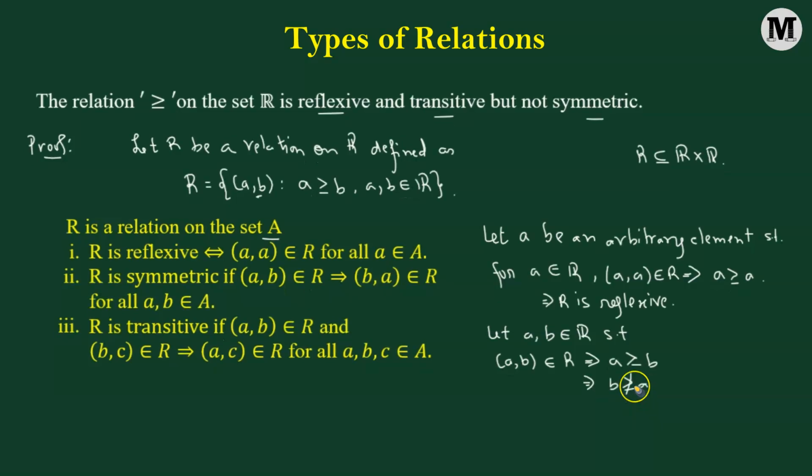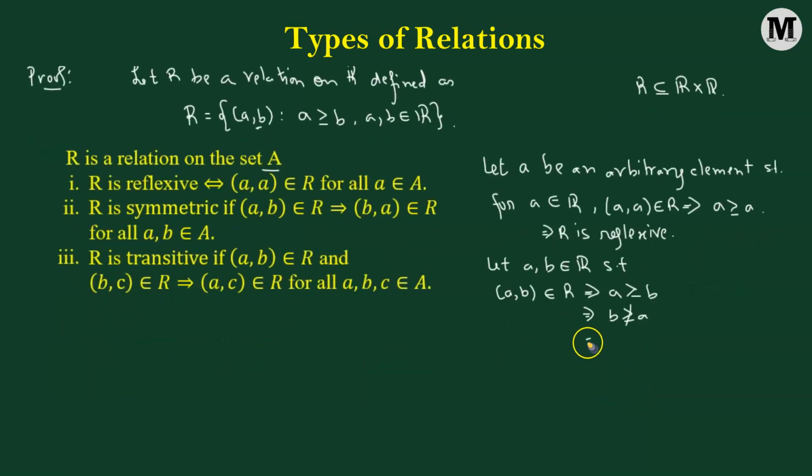Since b is not greater than or equals to a, this simply means that the ordered pair (b, a) cannot belong to the relation R. So this is not satisfying the definition of symmetry. We have (a, b) belonging to R, which must imply that (b, a) also belongs to R. However, we are getting (b, a) not belonging to R. Hence the relation R is not symmetric.